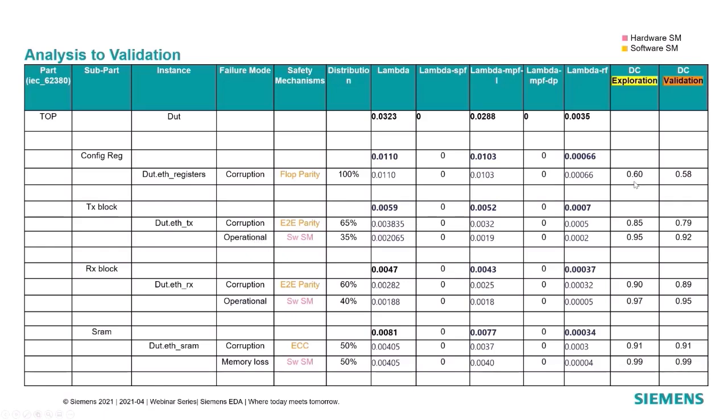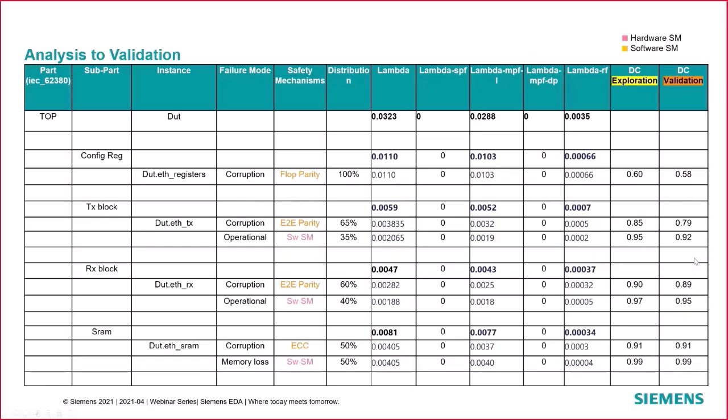And you can see that individual failure modes and safety mechanisms were giving us some kind of estimation. And now we can see the actual estimated metrics with respect to the fault injection. So this gives us the full validated FMEDA that can be used in the audits.